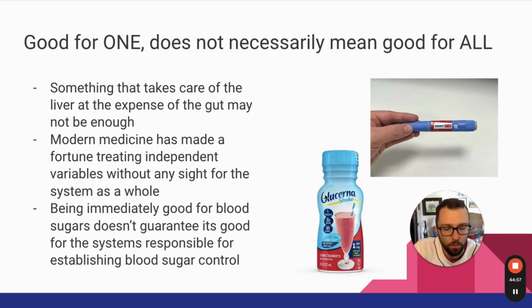Don't lose sight of the forest for the trees. Yes, you may be able to drink a Glucerna shake and your blood sugar will be stable, but you are demolishing your body's ability to actually absorb real nutrients when you come to eating real food. So in that regard, it's not worth it.